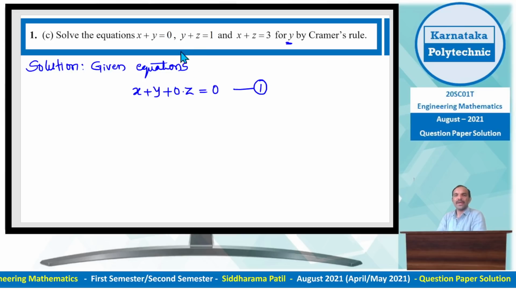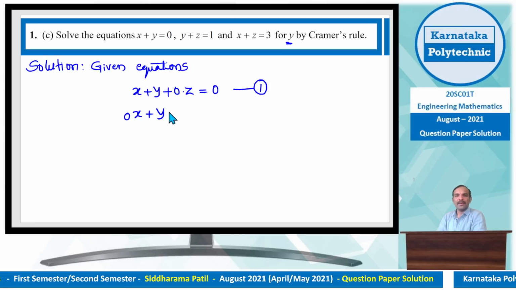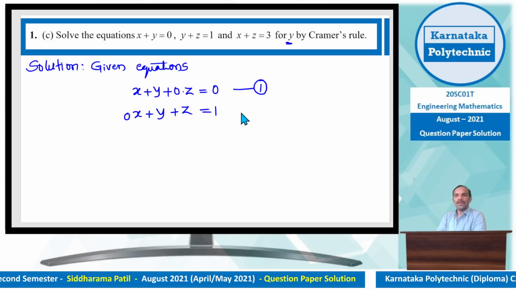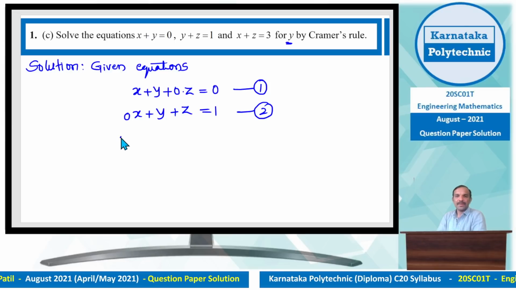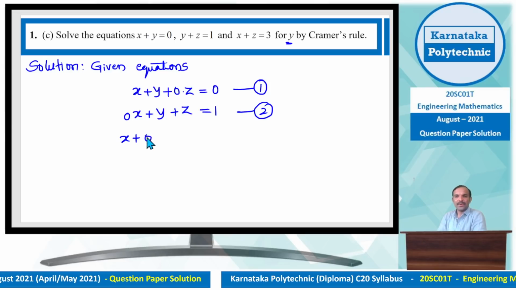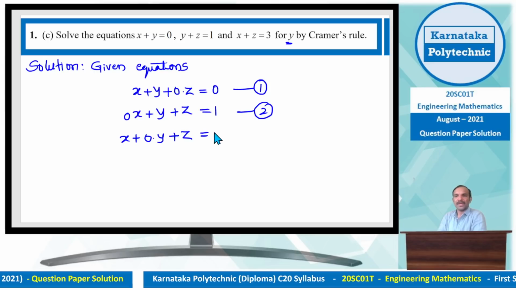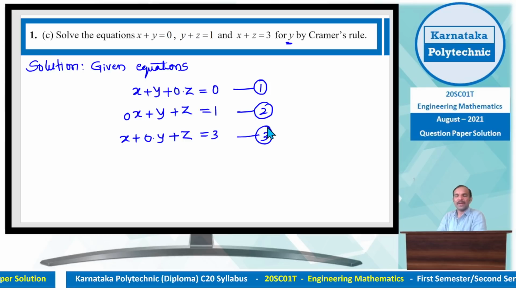The second equation: there is no x term, so 0 into x plus y plus z equal to 1, that is your equation number 2. The third equation is x, there is no y term, 0 into y, plus z equal to 3, that is equation number 3.